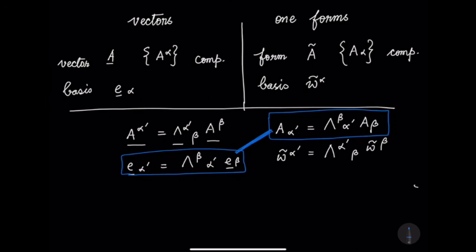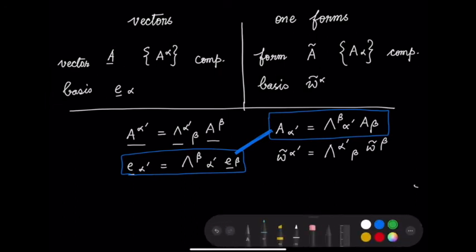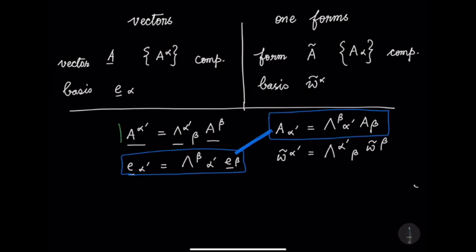That is why we call this a covector. On the other hand, if you look at these two now, they are similar. Their transformation rules, the transformation matrix, is exactly the same.